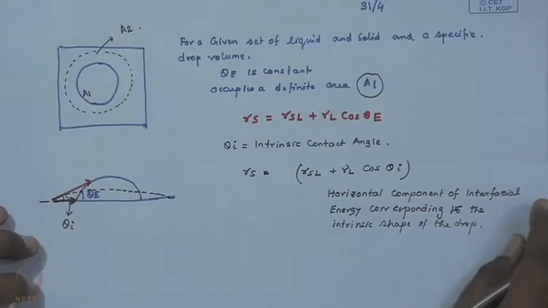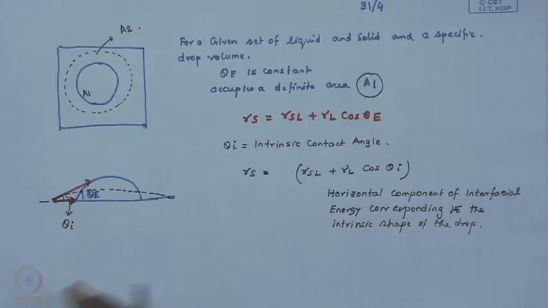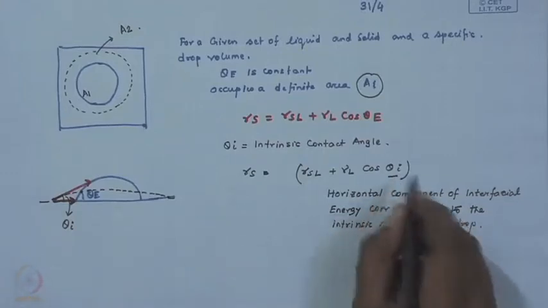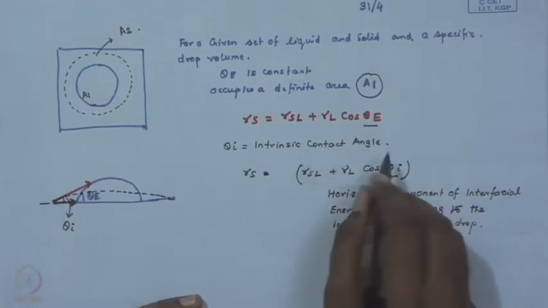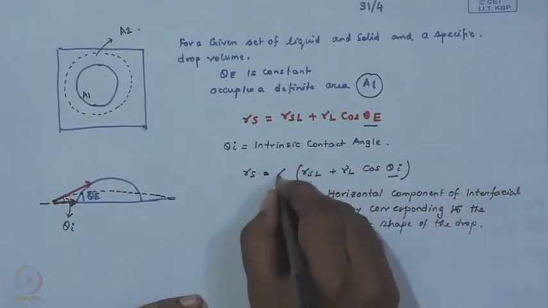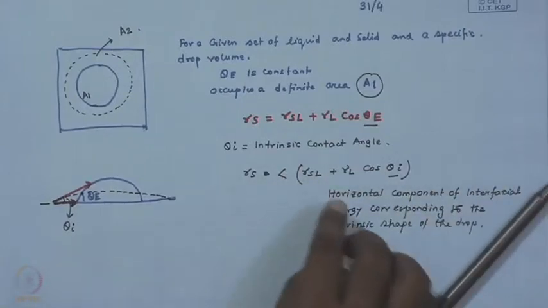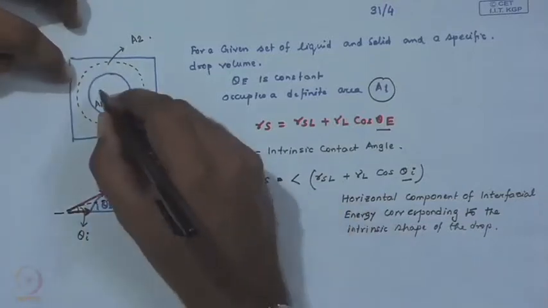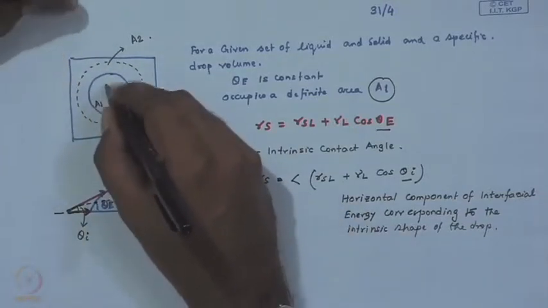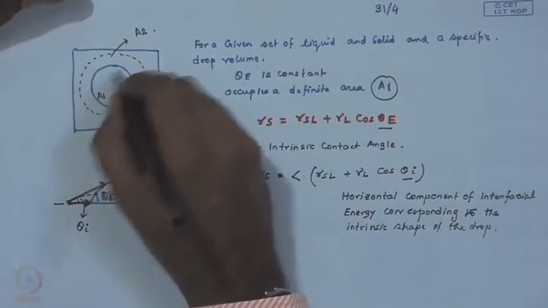And as we know, cos theta increases with the lowering of the value of theta. So, since theta I is lower than theta E, this side is now higher as compared to this side. So, the left hand side is now smaller than the right hand side, which means that there is an imbalance in the surface tension, and this imbalance also gets manifested in the fact that earlier the amount of area that was covered by the liquid was A1.